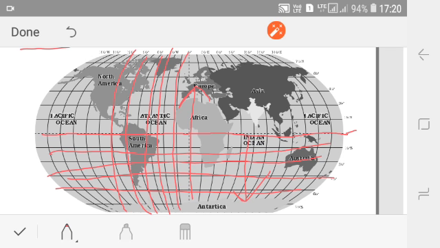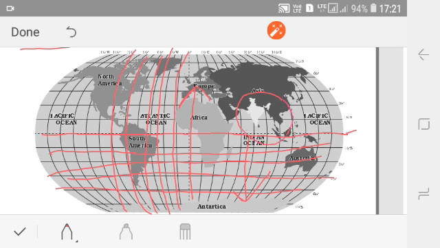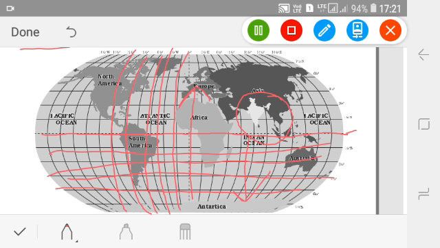So we will say that India is located in the northern hemisphere. Is it clear? The area above this 0 degree latitude is the northern hemisphere, and India is located in it.